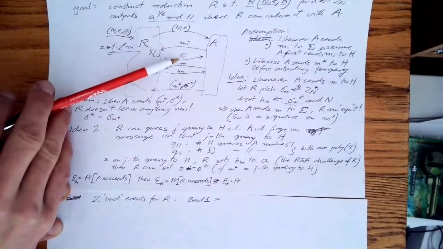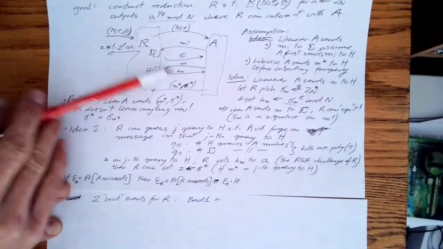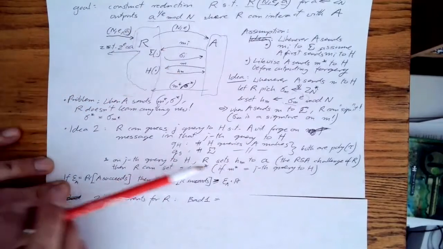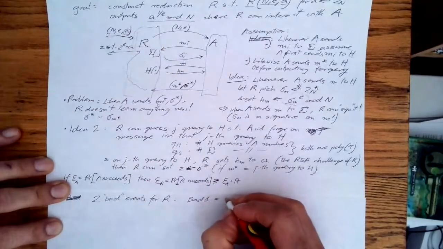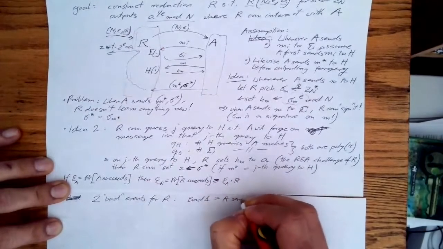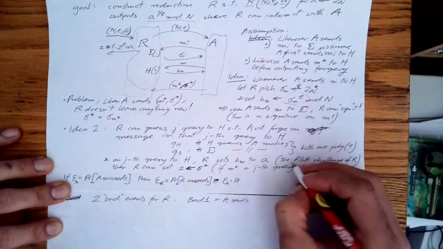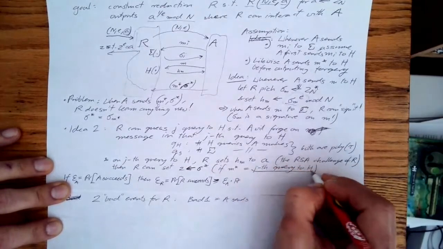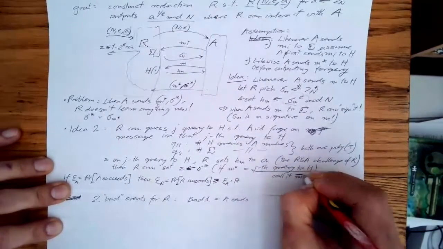Because this signature would be the e-th root of the hash, and the hash was set to A by the reduction. So the bad event one is that A sends, you know what? Let me call this JS query M, call it M bar.